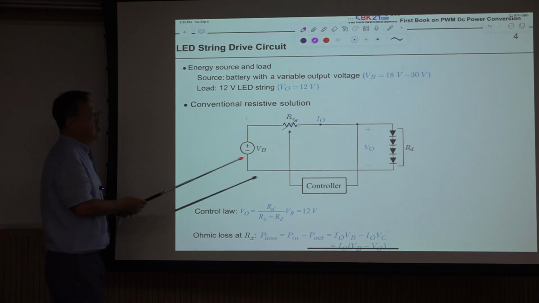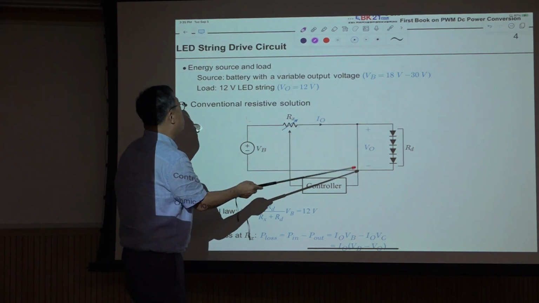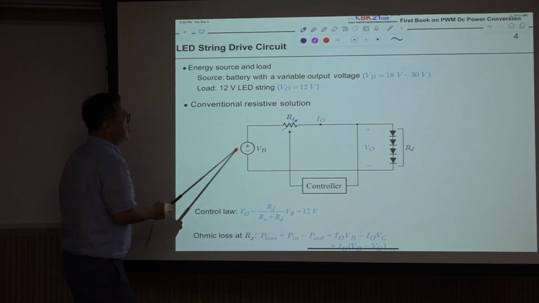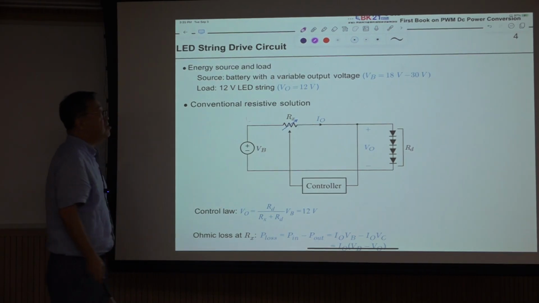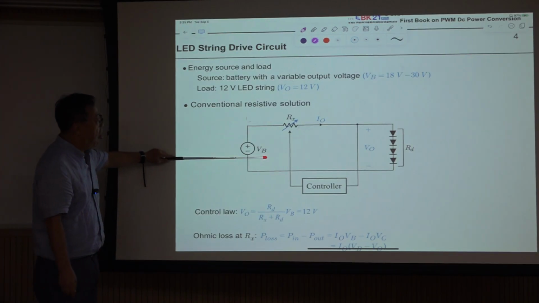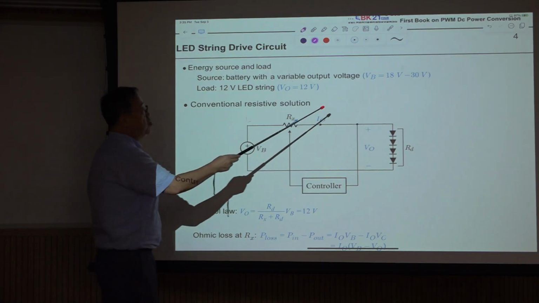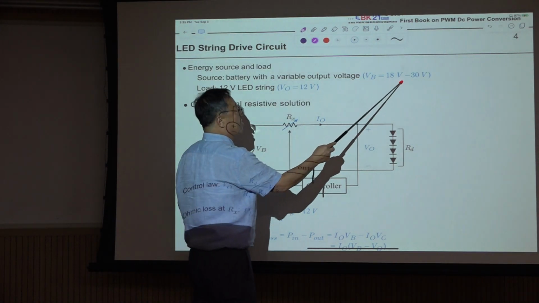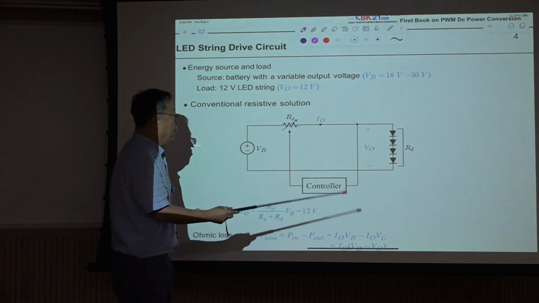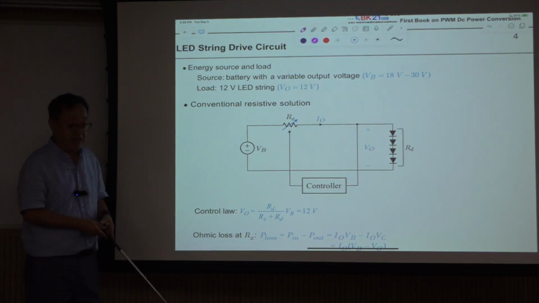But let's assume this works at exactly 12 volt, and the DC source is batteries with variable output voltage. Typically the output voltage of this battery is 24 volt, but depending on the state of charge, environmental factors and temperature, the voltage will vary, for example, from 18 to 30 volt. And we want to regulate this voltage at exactly 12, all right?